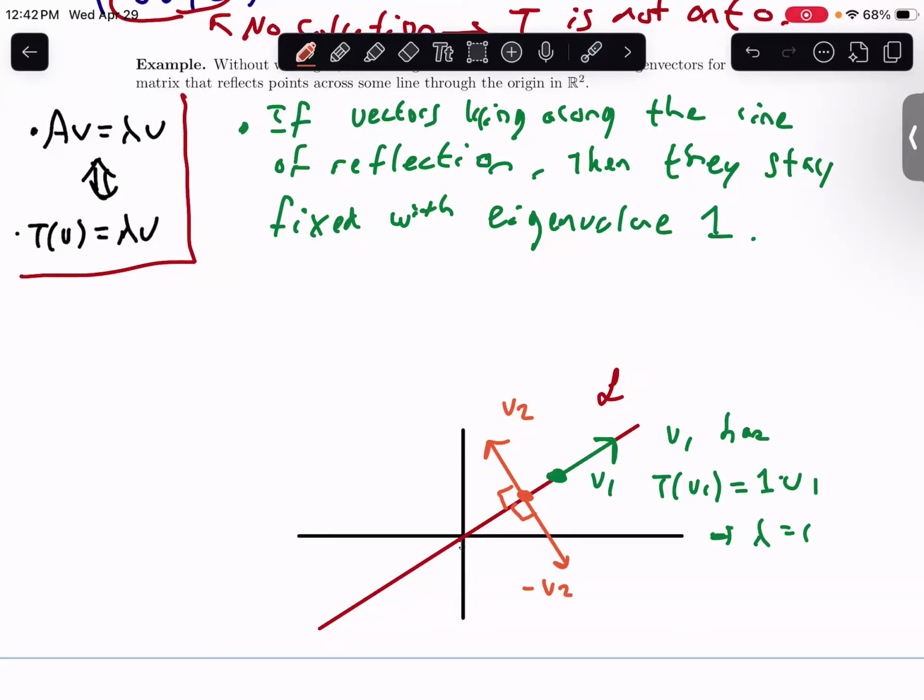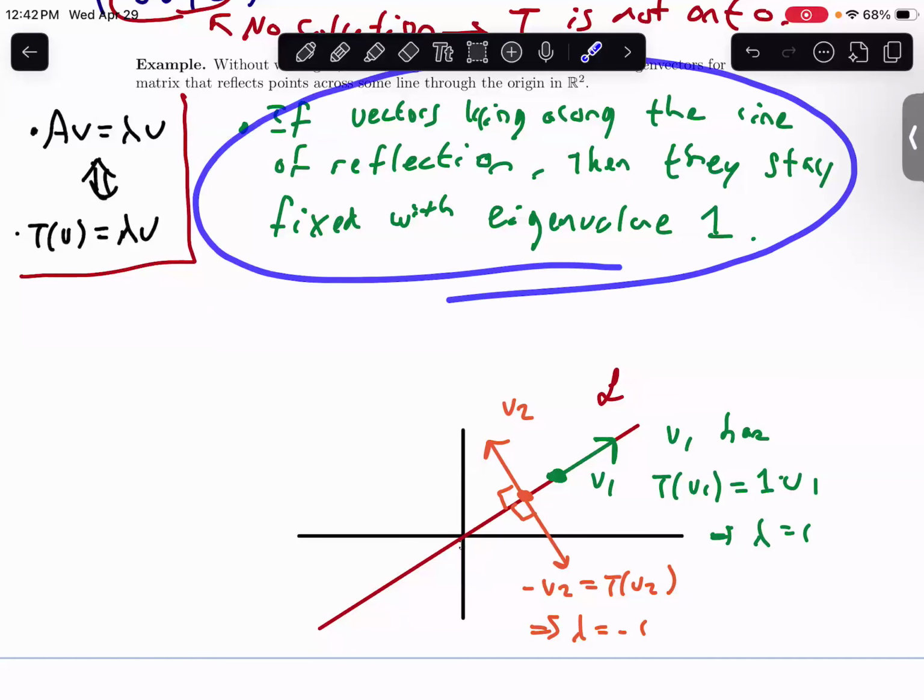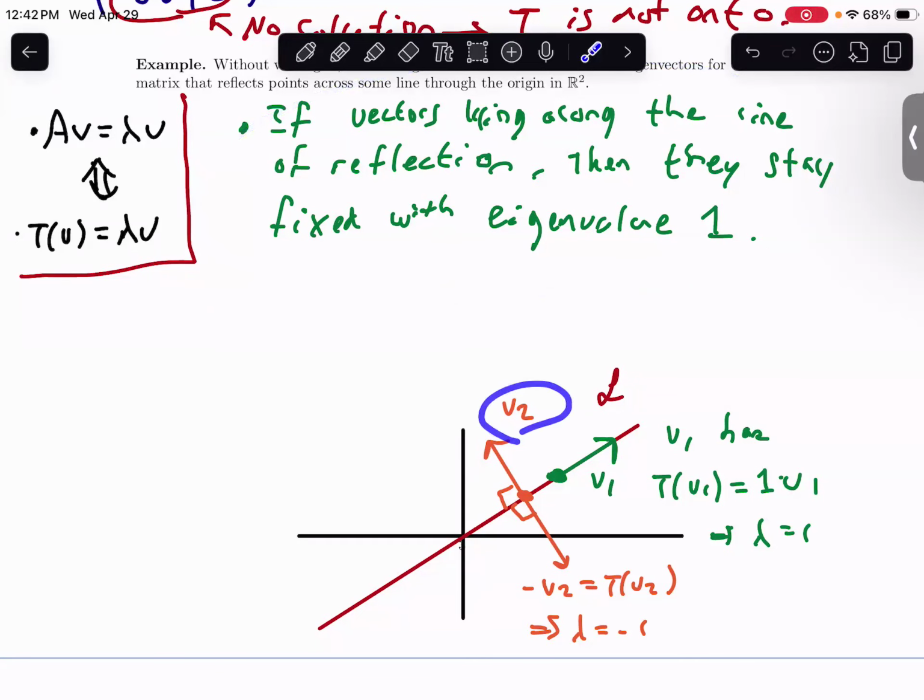What we're saying is that if you do T of V2, you end up getting minus 1 times V2, which implies that you have an eigenvalue of minus 1. I could write out a longer phrase like I did here, but the main point is if you have a vector V2 that's orthogonal and you apply the transformation, you get an eigenvector V2 and the eigenvalue is just equal to minus 1.